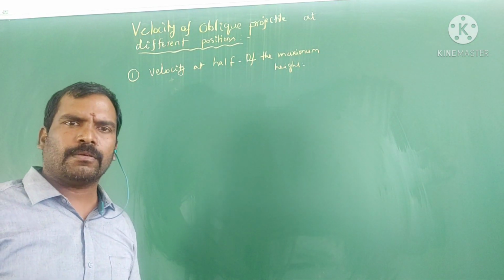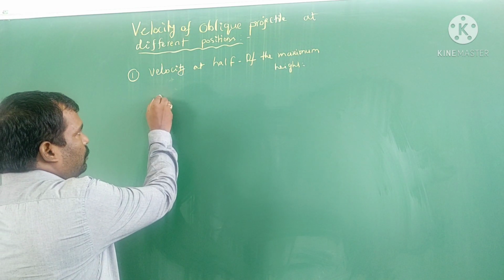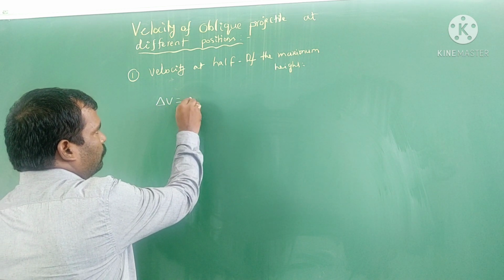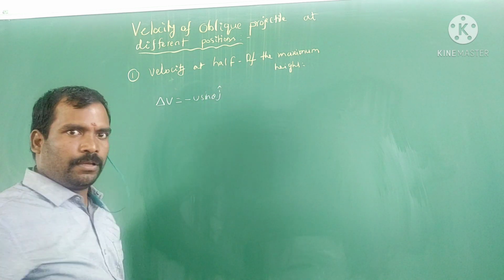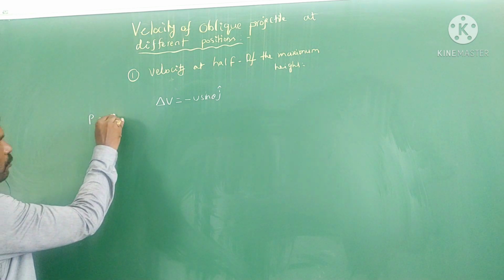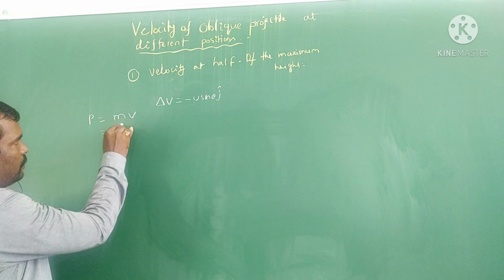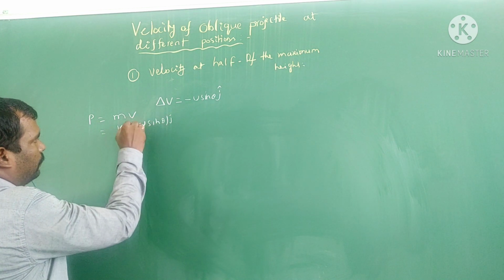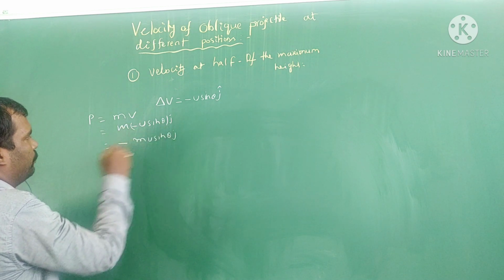Suppose I want to calculate momentum. I already know the change in velocity up to the maximum height is minus u sin theta j. Momentum P is equal to mass into velocity. Therefore, mass into minus u sin theta j, that is minus m u sin theta j.